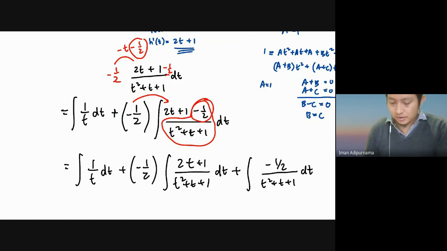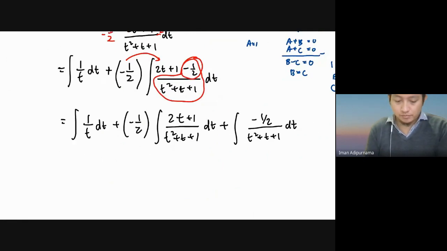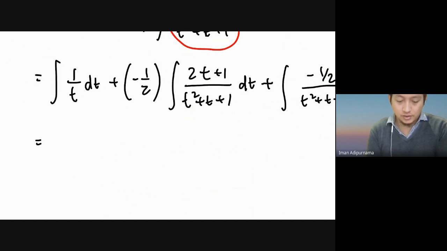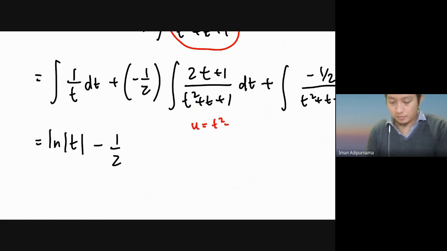Okay, we are still not done. I think we can see that this will be ln t, and this will be minus half, and if we let u be t squared plus t plus 1, du is 2t plus 1, right?